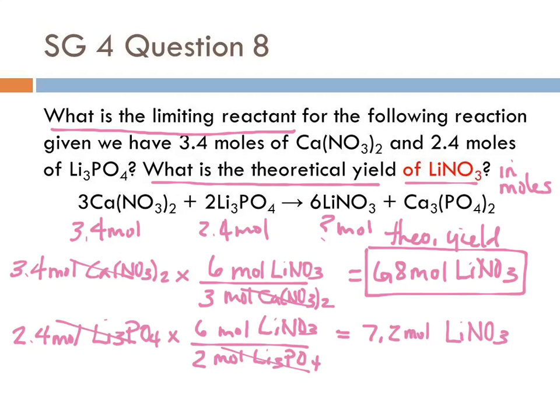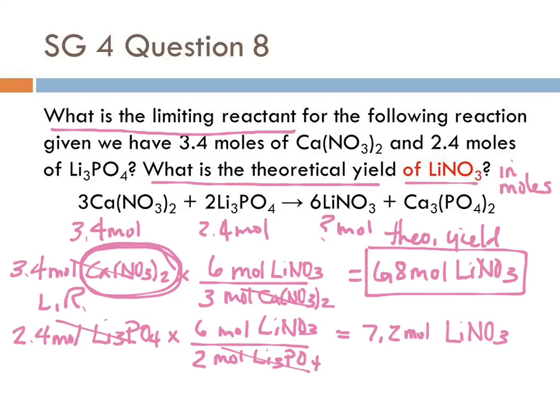So if everything goes perfectly, we could make this amount of lithium nitrate. We can't make any more because we've run out of one of the ingredients. This one right here, the one that made the smaller amount, is our limiting reactant.